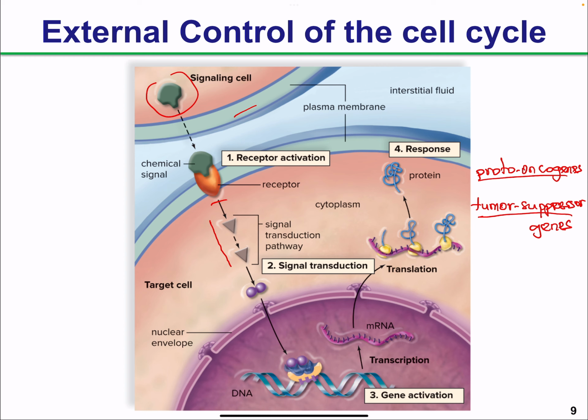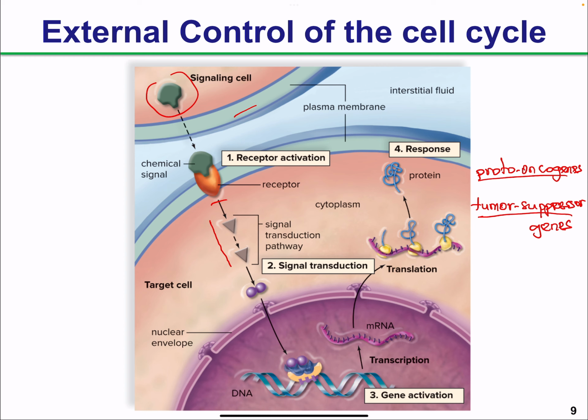Now, let me mention that these proto-oncogenes and tumor suppressor genes that control the cell cycle play a crucial role in cancer, because if a proto-oncogene is hyperactive, you're going to have cell division that is going to happen in an uncontrolled manner. That is cancer, right?